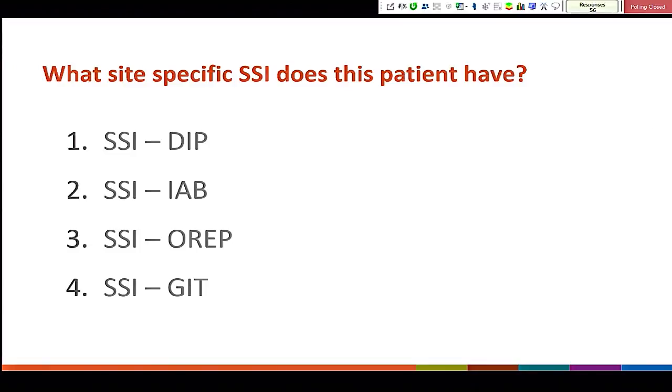So, knowing the details of the case, what site-specific SSI does this patient have? Is this a deep incisional primary? Is this an intra-abdominal infection? Is this an OREP infection? Is this a GIT infection? And look back at the case and read exactly where that infection is setting up.